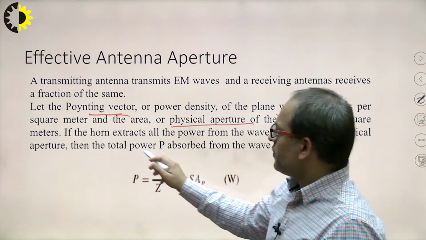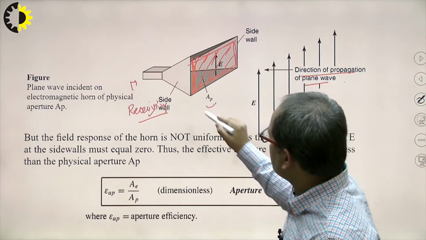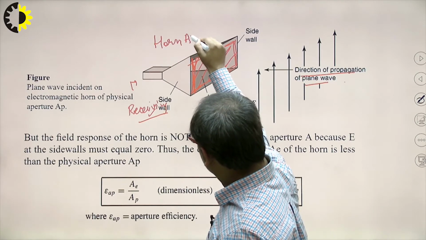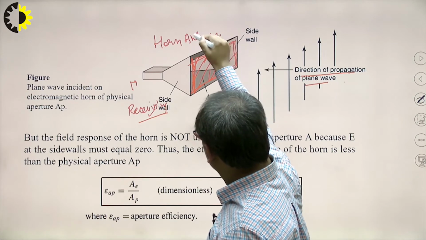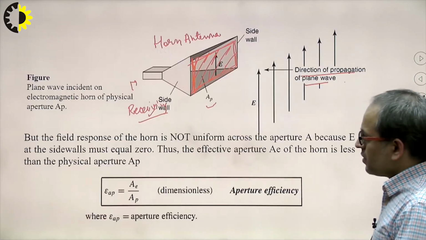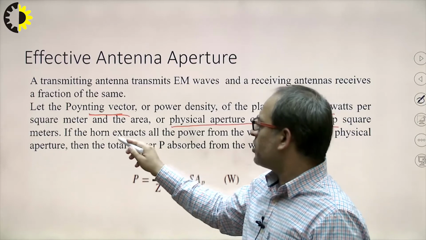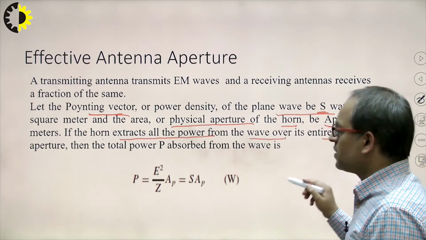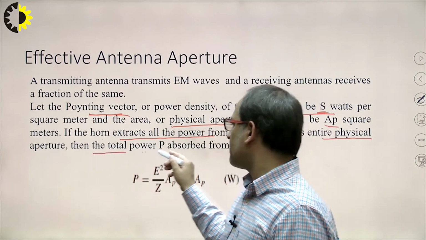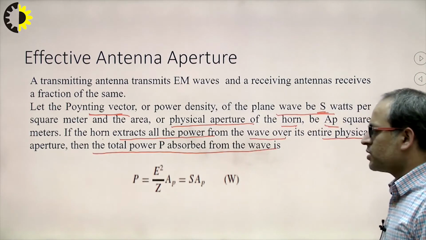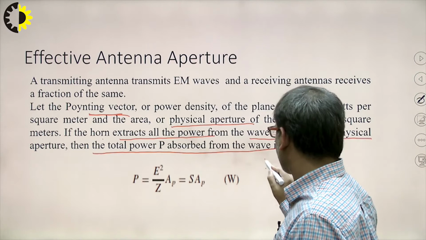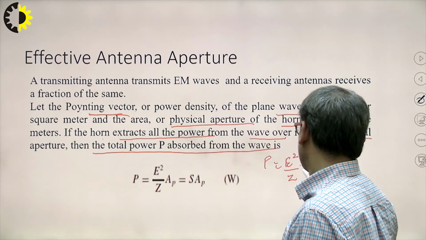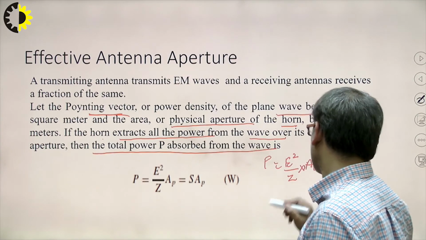Now this is a horn antenna. If the horn antenna extracts all the power from the wave over its physical aperture, then the total power absorbed from the wave is P equal to E square by Z into AP.